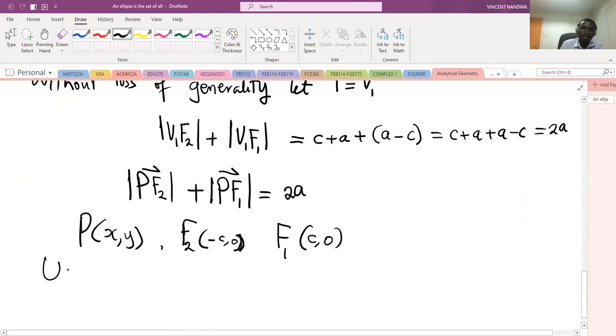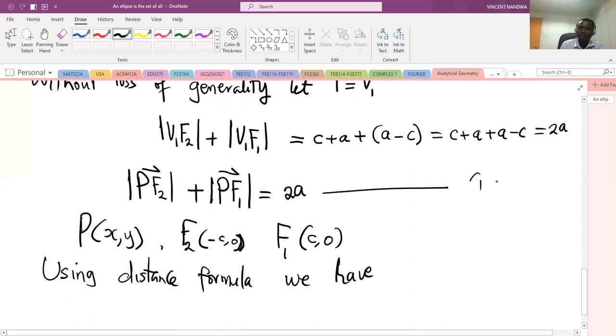So using the distance formula, call this one equation 1.